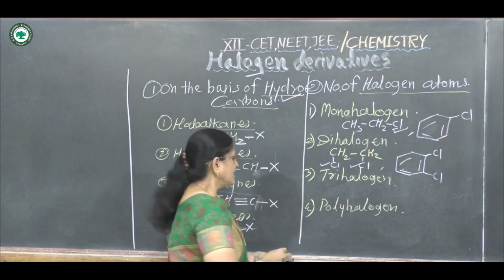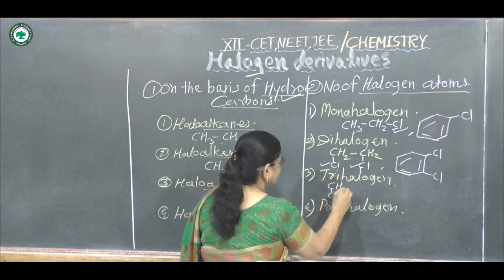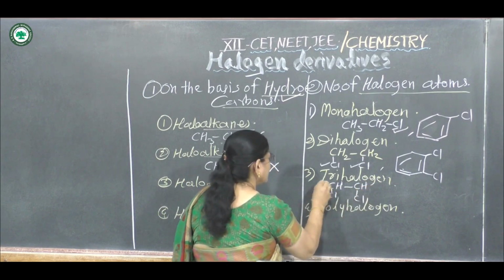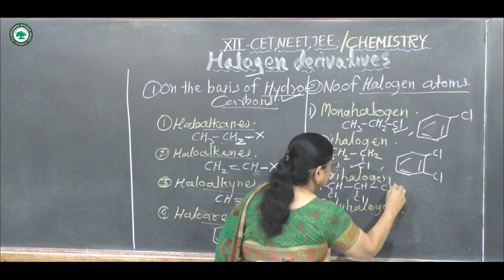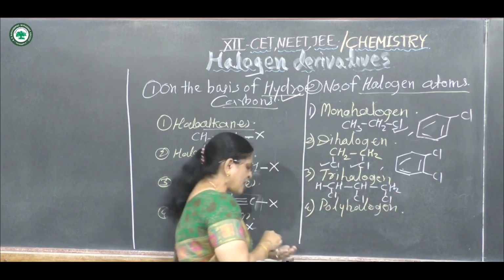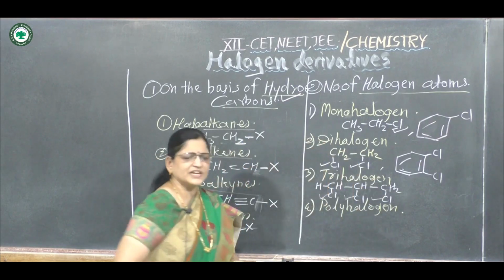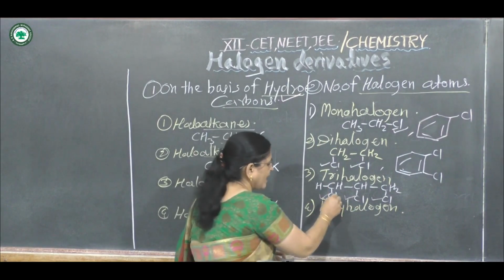Then the third one is the trihalogen derivative. Suppose this is CHCl, here CHCl, and on the second carbon atom CH2Cl. This compound contains three chlorine atoms, that means three halogen atoms, where it may be chlorine, bromine or iodine, any halogen atom.